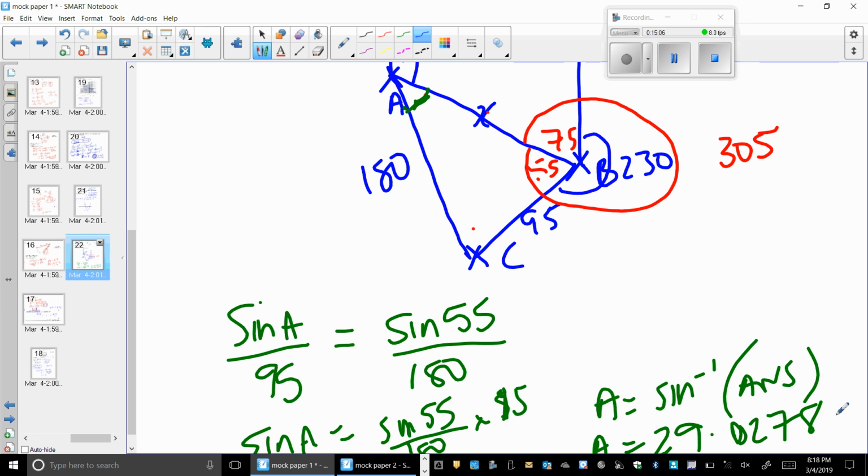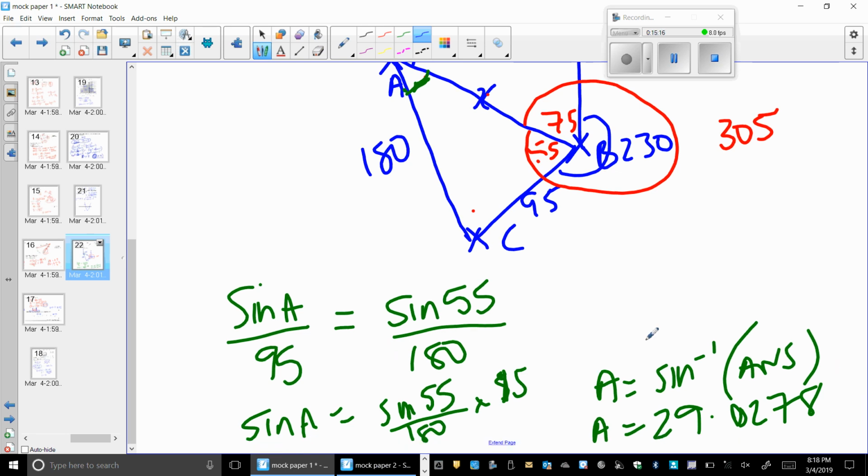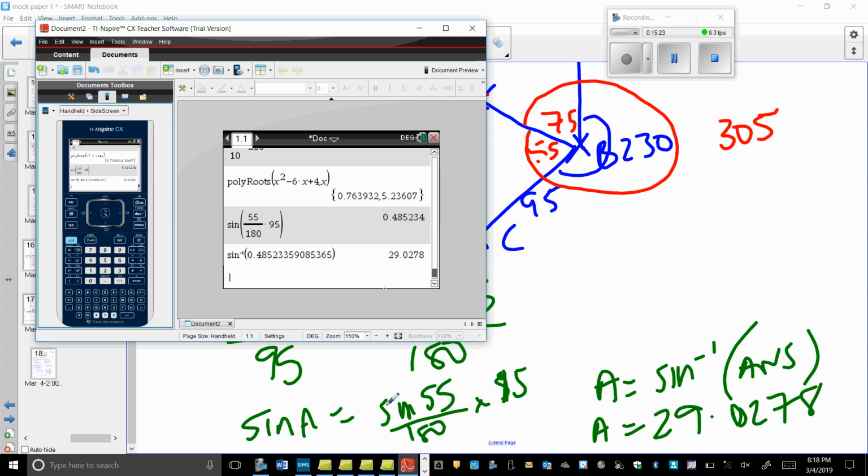It's best to keep it as accurate as possible here. I think I typed something in wrong.